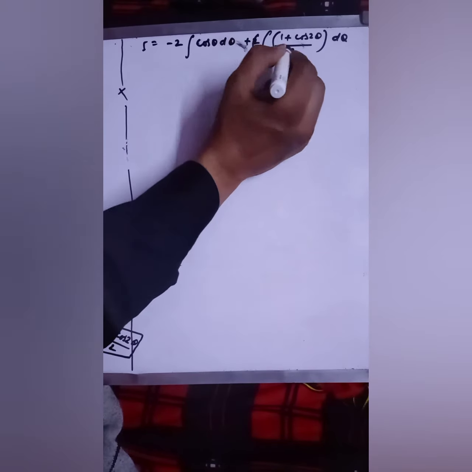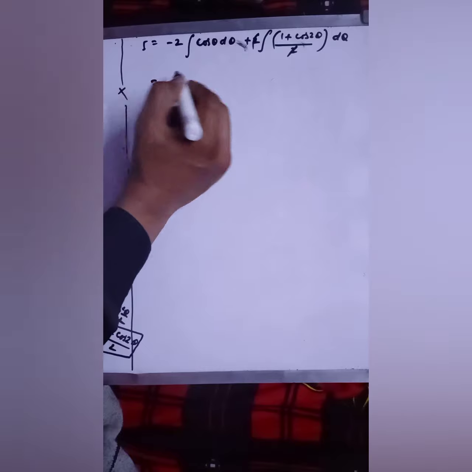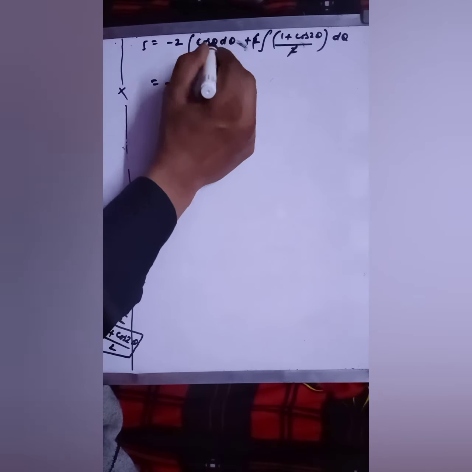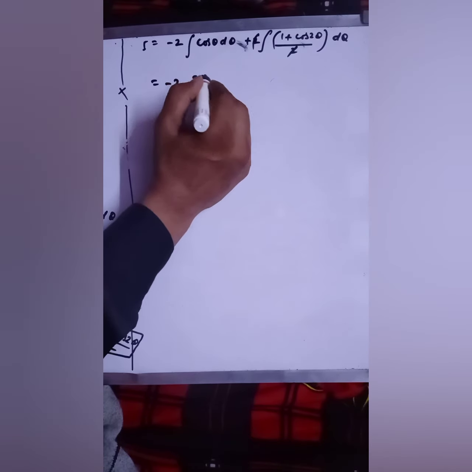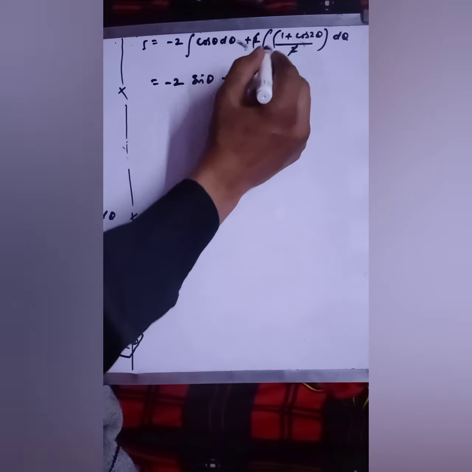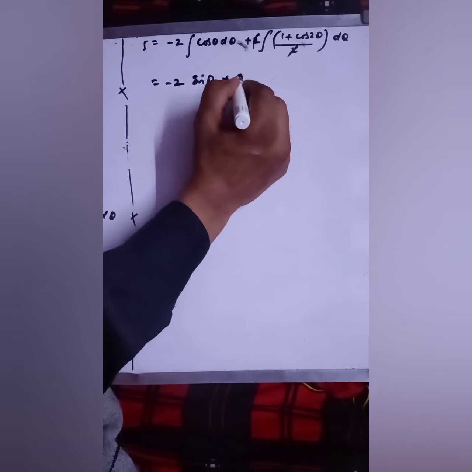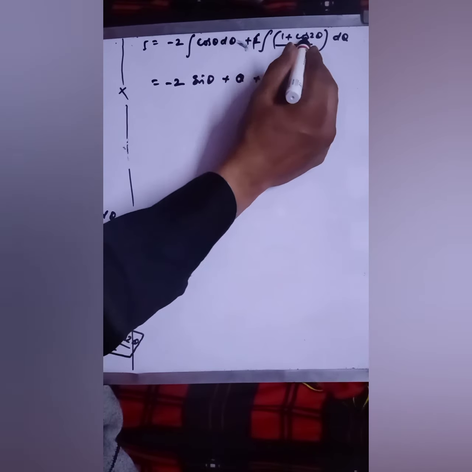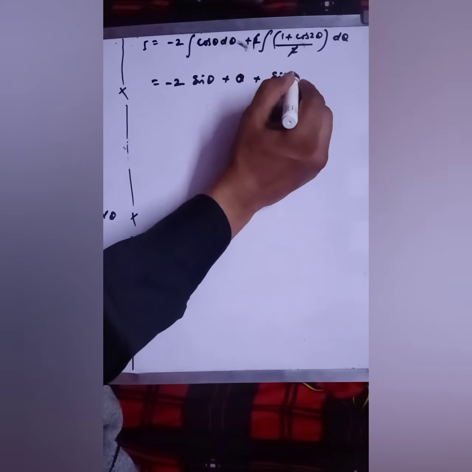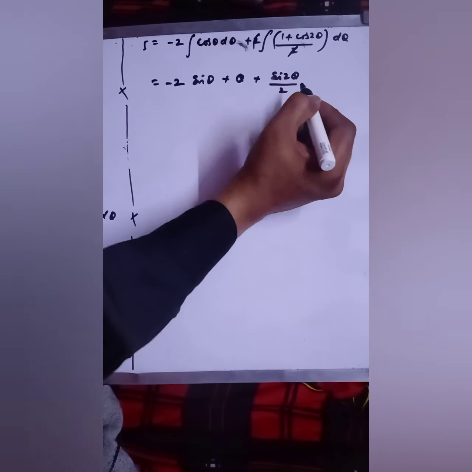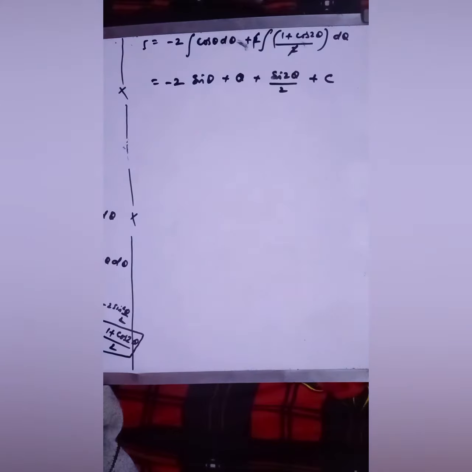Now this 2 and 2 will cancel out, and just simplify it. It is minus 2 times the integration of cos, which is sin theta, plus similarly the integration of 1 will be theta only, plus the integration of this would be sin 2 theta over 2, plus c.